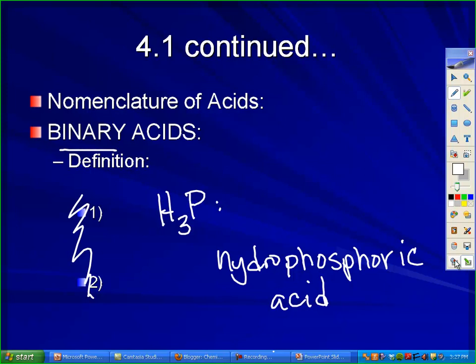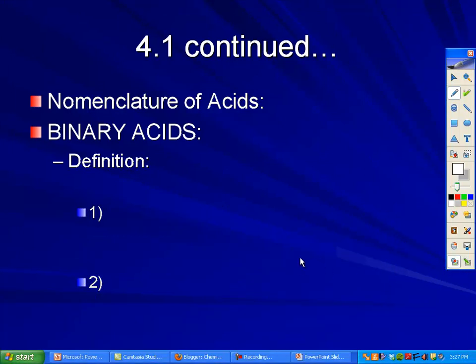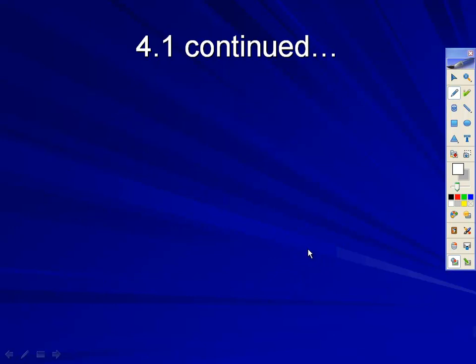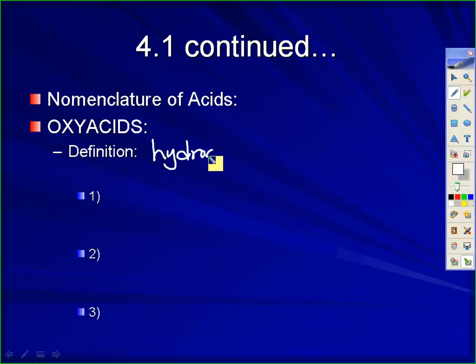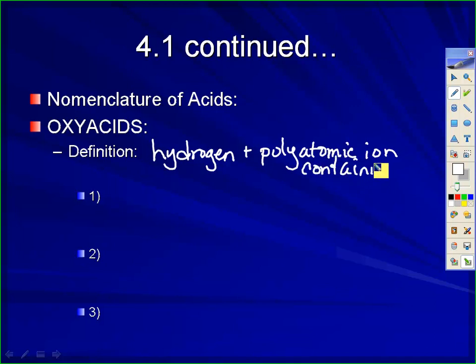If you have hydrogen plus more than one element, you're going to have what's known as an oxyacid. An oxyacid is hydrogen plus a polyatomic ion containing oxygen. Now, there are other acids that might not contain oxygen. They're just not called oxyacids, but the rules are the same, and most of them contain oxygen.